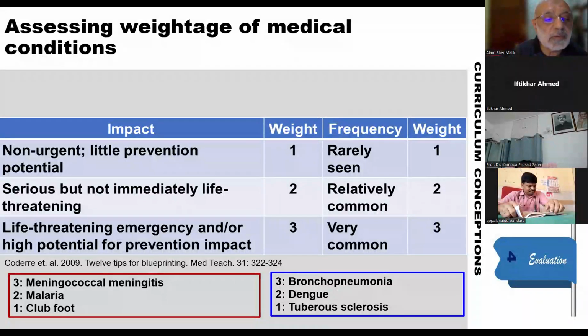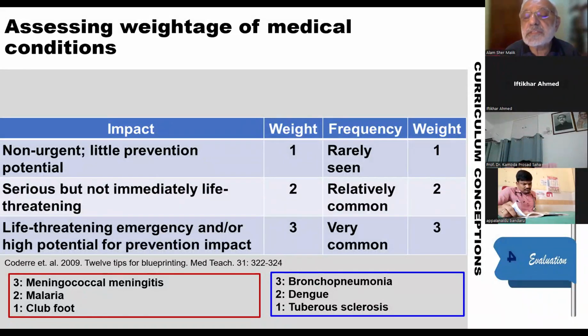So the weightage would be 2. Club foot, for example, is non-urgent and there is little prevention potential, so weightage would be 1. So there are 3 categories with weight 1, 2, and 3. This is the impact.